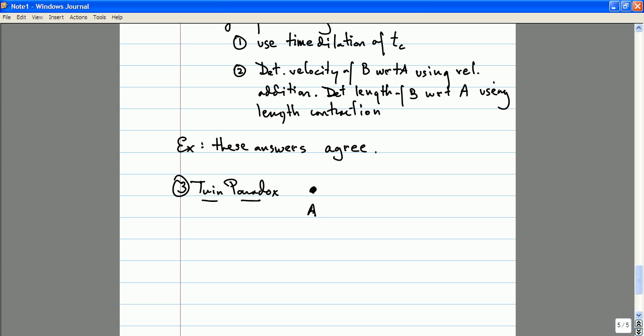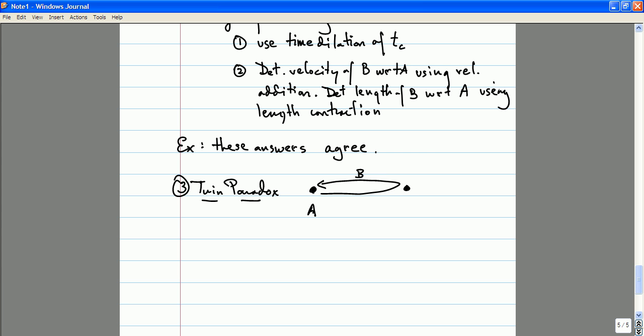And twin B is going to go off to Alpha Centauri and then come back again. So twin B will move with some velocity v towards Alpha Centauri, and then with the same velocity v back to Earth. And then, at the end of the day, A and B are both going to be back on Earth. And we should ask, which one is younger than the other?